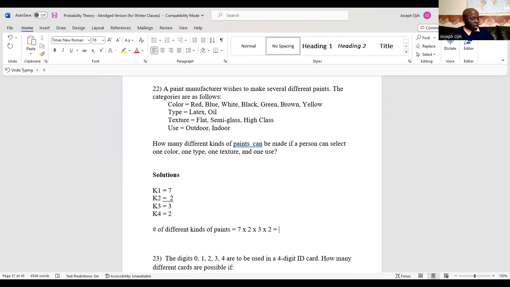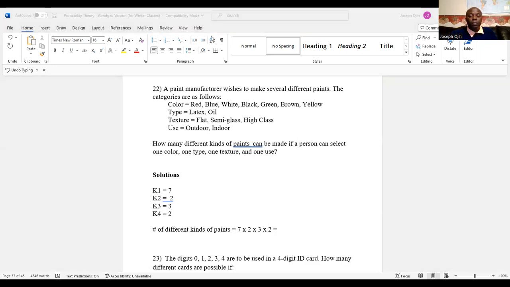So let me write this down so I can put it in the calculator. We have 7 times 2 times 3 times 2. So let's put this in the calculator so you can get it.